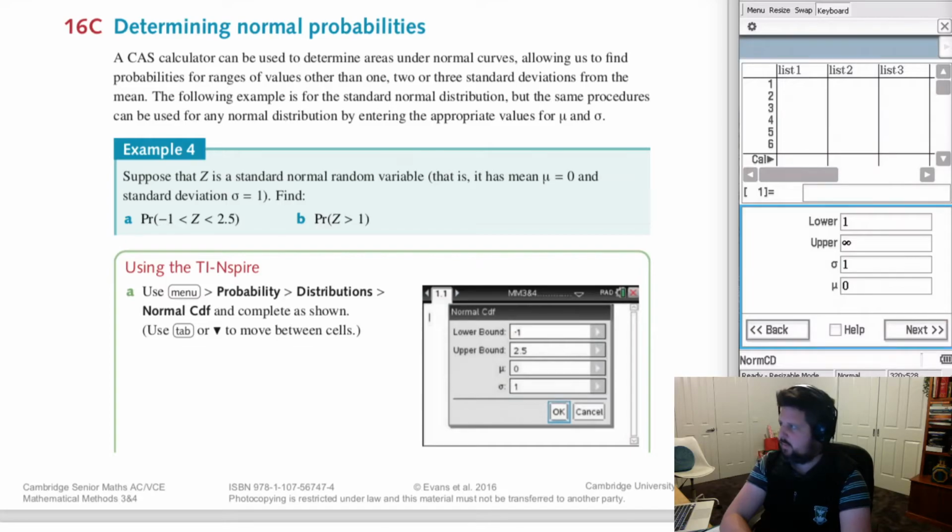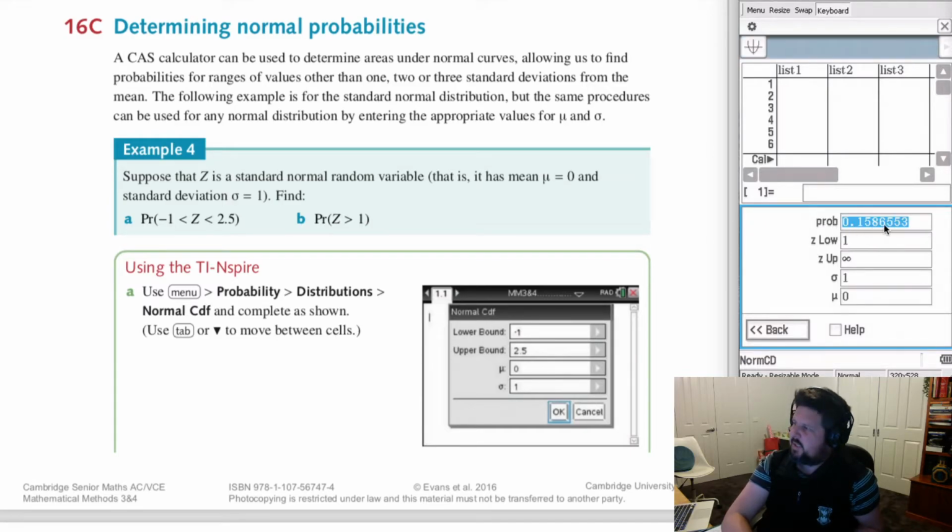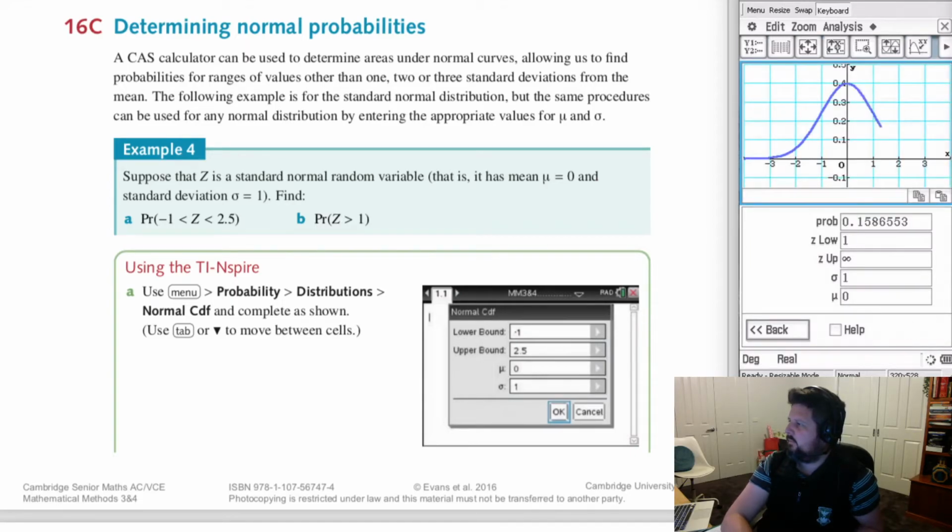That's from the keyboard Math 2 section, the infinity symbol. These are correct, the mean and the standard deviation. Let's click next. Again, you can get the probability here and also graph it. So you can see it's everything greater than 1. Perfect.